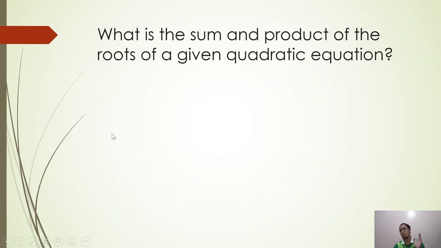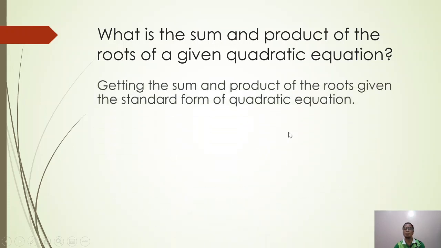With that, kung sakali po, given sa atin yung quadratic equation, all we have to do now is to check if it is in the standard form. And then, para makuha natin yung sum ng roots, r's of 1 plus r's of 2, pwede nating tingnan lang yung standard form. Ang formula natin doon, B over A. Nabanggit ko na kanina. Pero, yung sagot, you're going to change the sign by multiplying it by a negative sign.